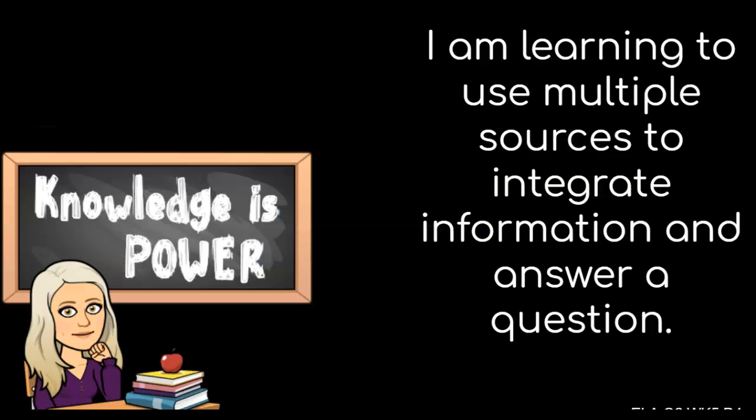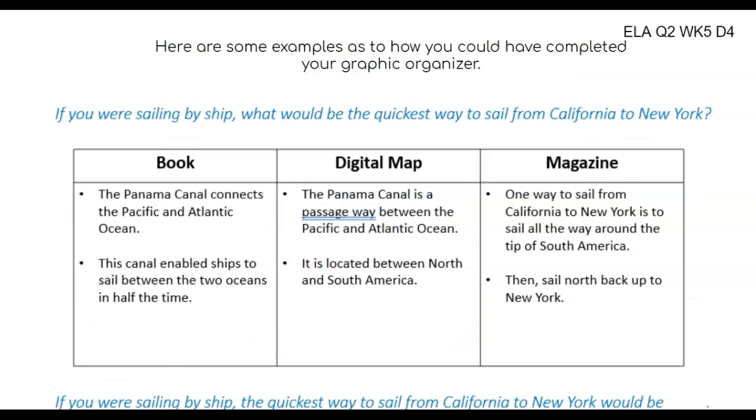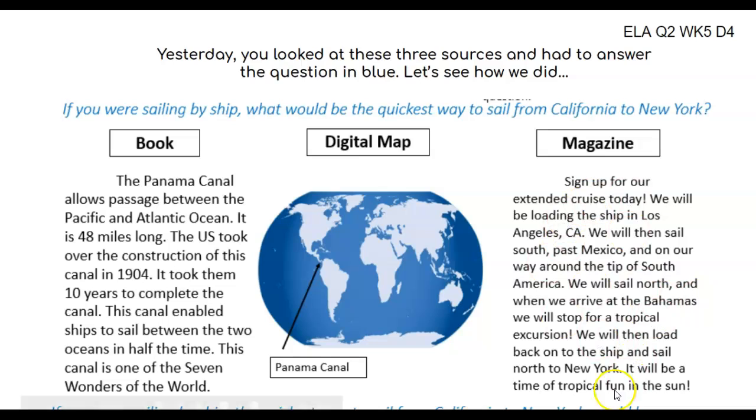And so if we look at the magazine, you should have pulled out the idea that one way to sail from California to New York is to sail all the way around the tip of South America, then sail north back up to New York. That's what we got from this magazine. So putting all three ideas together, you did not have to do a whole lot of writing for this. You just had to pull out the important information for yesterday's assignment.